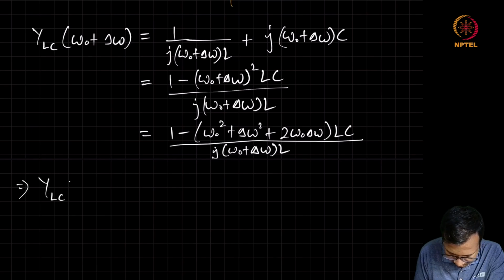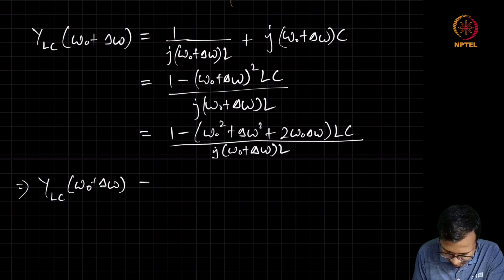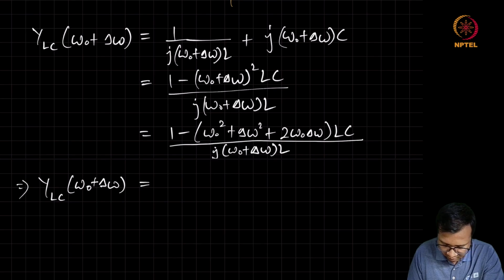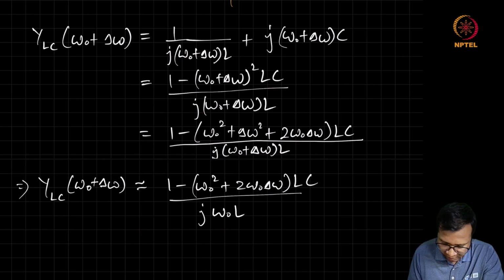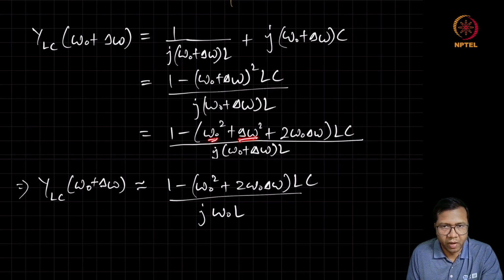It implies that the admittance at delta omega offset can be approximated to 1 minus omega naught square plus 2 omega naught delta omega, times LC, by j omega naught L. So here we are assuming that this delta omega is much smaller than omega naught.